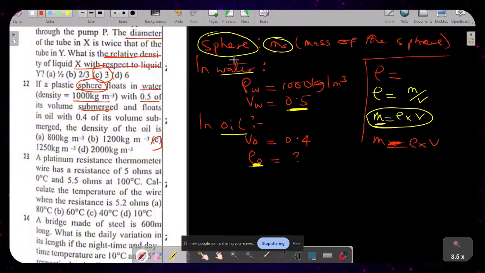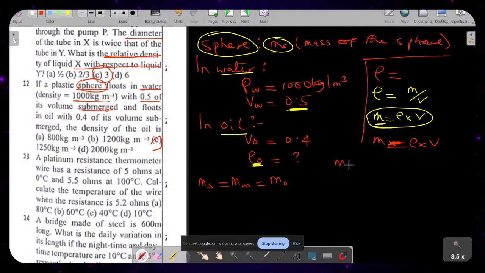Now, because we use the same sphere in water and in oil, the mass of that sphere, ms, will be the same in water and also the same in oil, because it's still the same sphere.